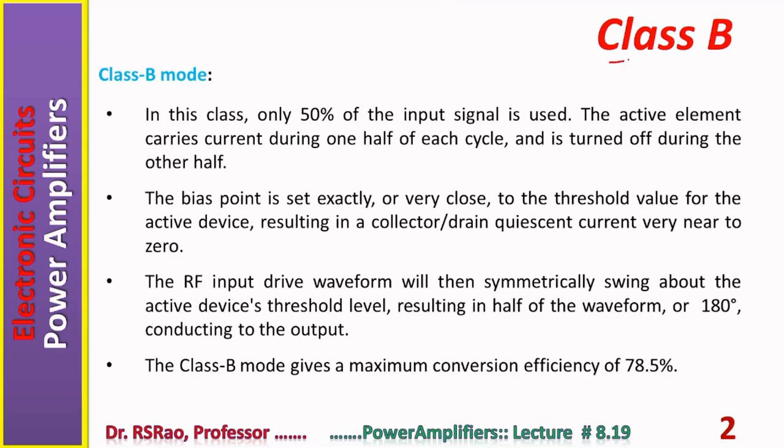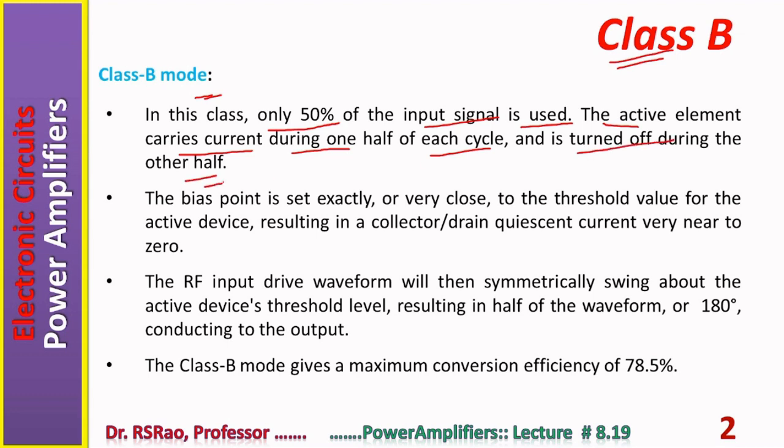A few points regarding Class B, introductory points. In Class B, only 50% of the input signal is used. The active element carries current during one half of each cycle and is turned off during the other half.